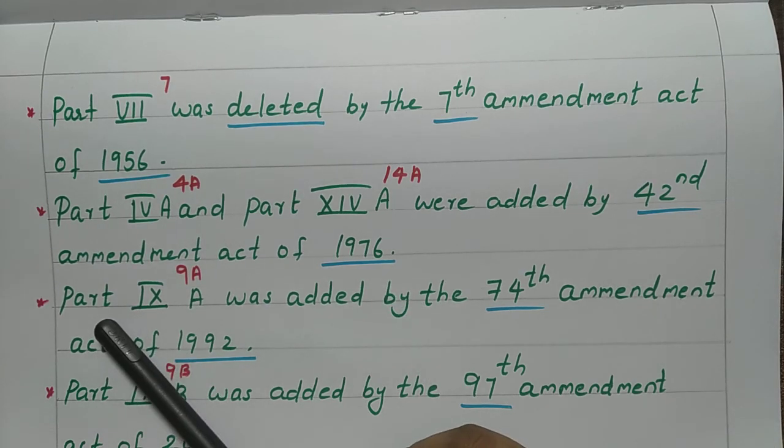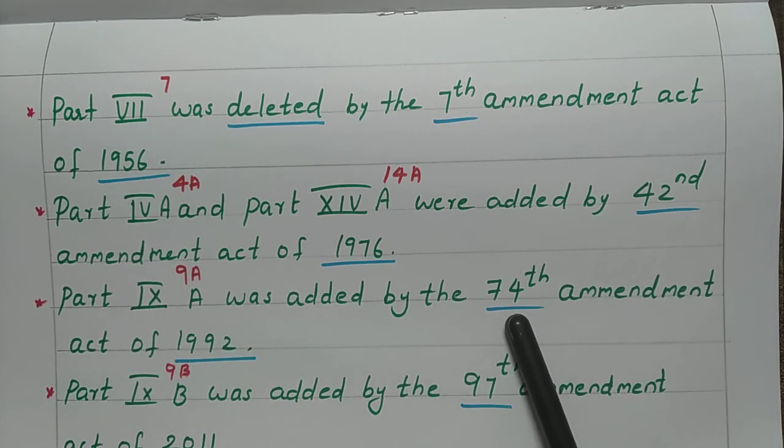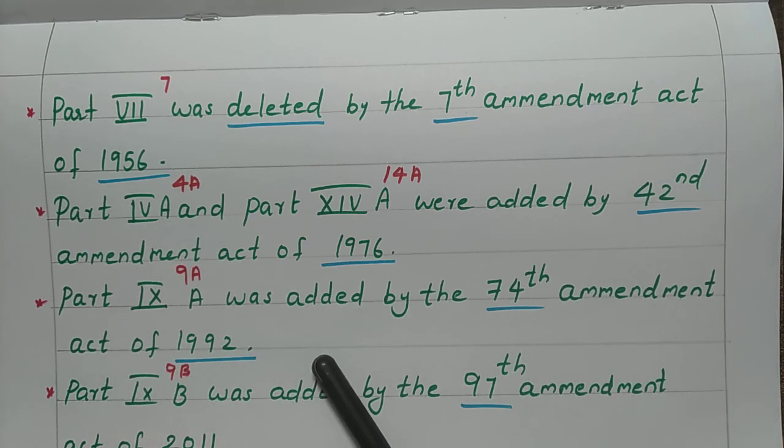Part 9A was added by the 74th Amendment Act of 1992 and Part 9B was added by the 97th Amendment Act of 2011.